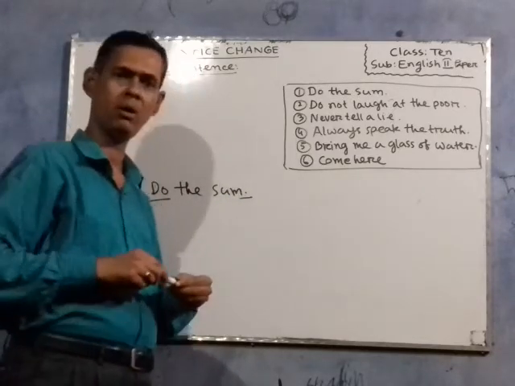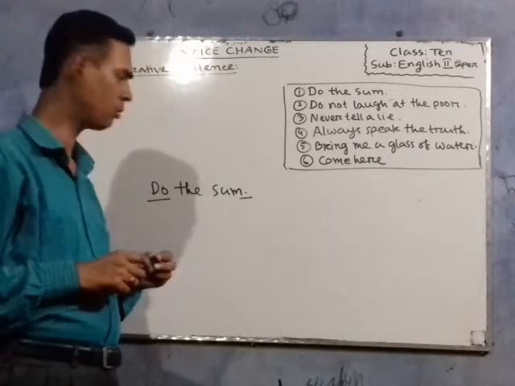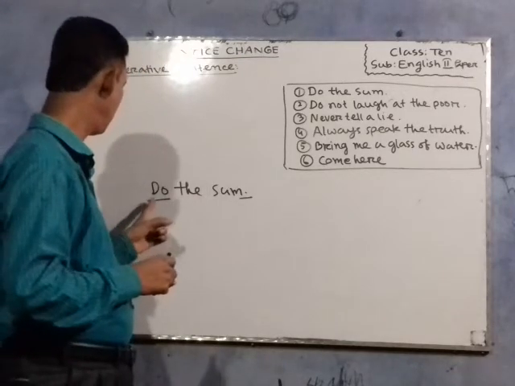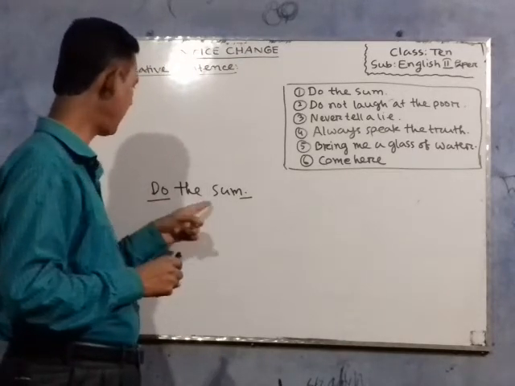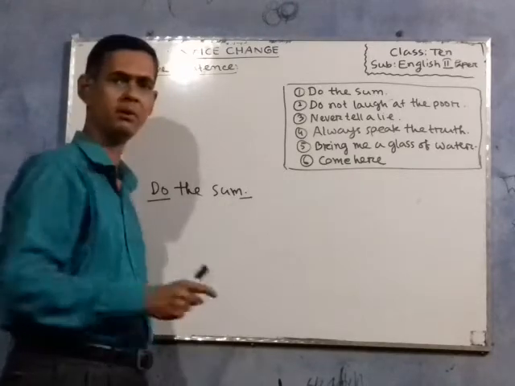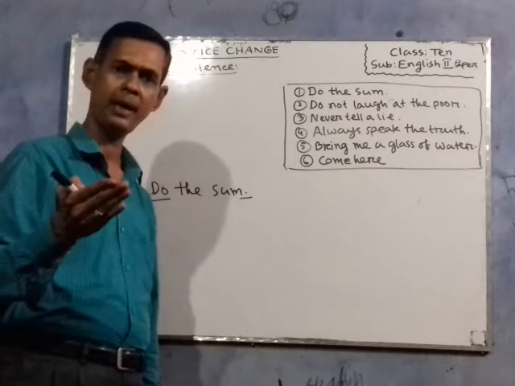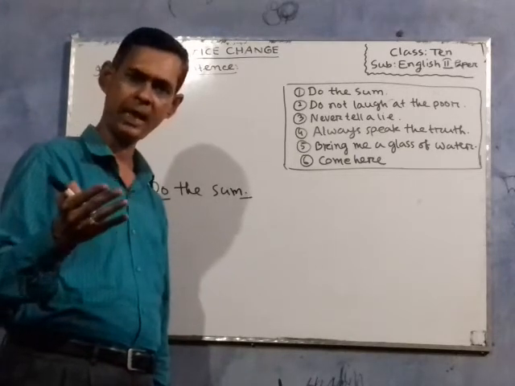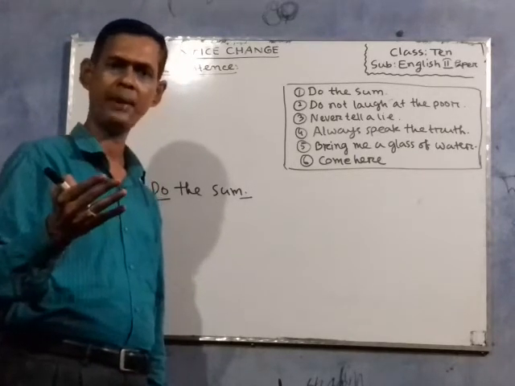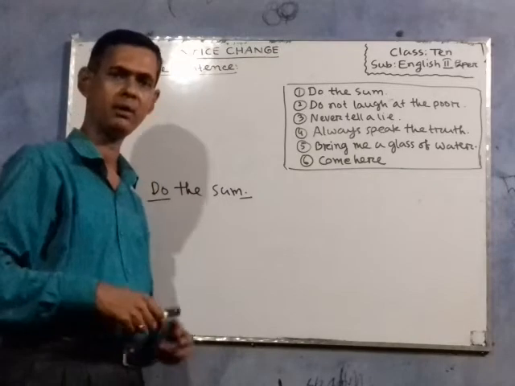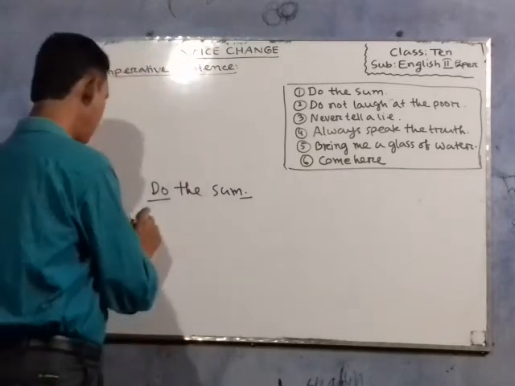And you should also know that after this principal verb, an object is given. So if there is an object after the principal verb, at the time of changing this type of sentence into passive, at first you have to write let.